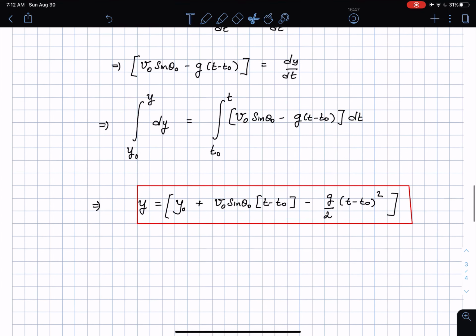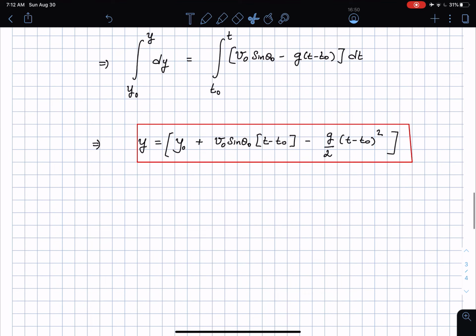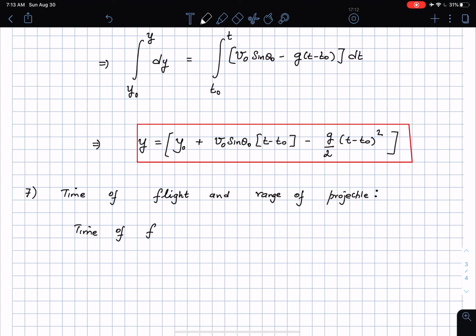Now very quickly, I want to do something called the time of flight and the range of projectile. Time of flight, I'm going to call that TF.